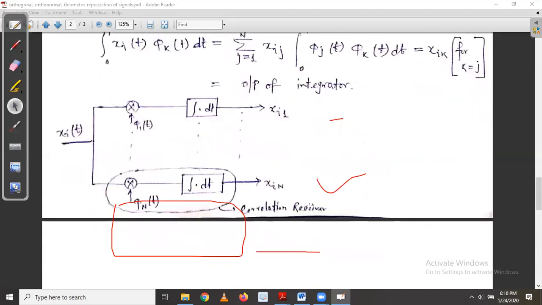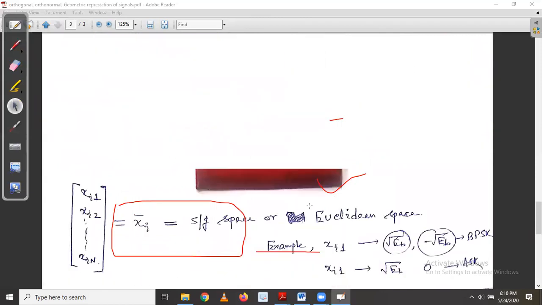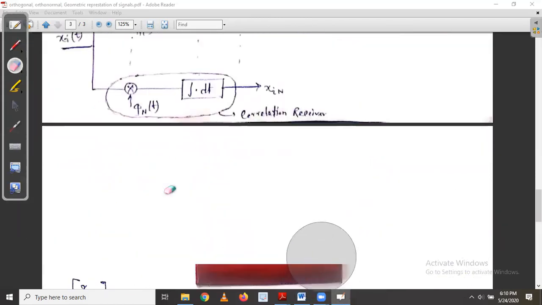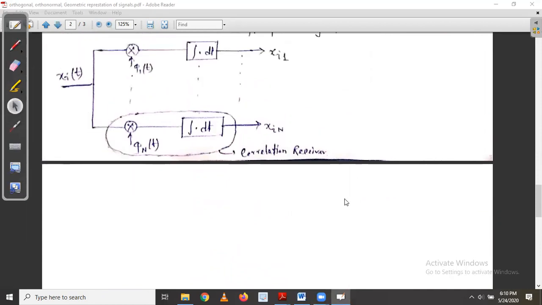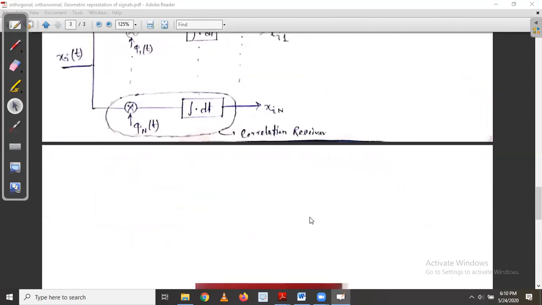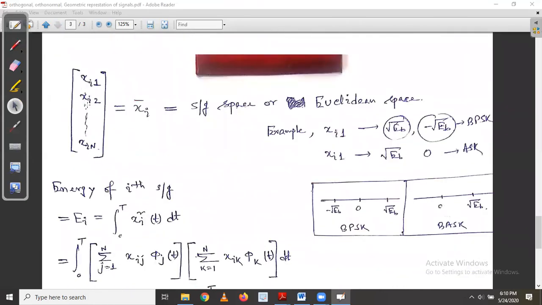Again, I told just a little bit. Today, continuation of the previous discussion. Today, what you see? Just you see xi1 up to xiN, that I have written here: xi1, xi2 up to xiN. All these together, you can denote it by xi bar.